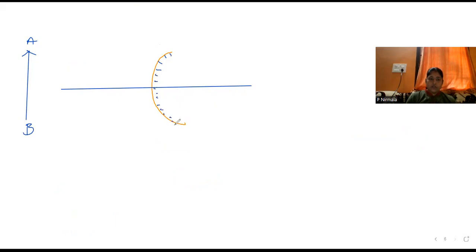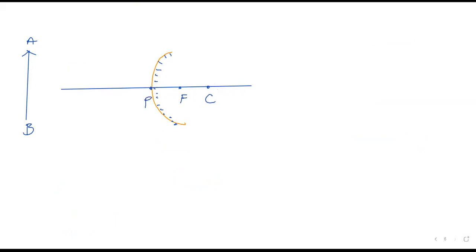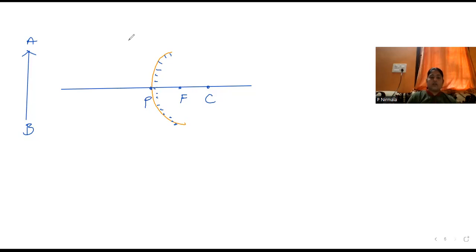So for the convex mirror, we have only two cases. One case is the object placed at infinity. Behind the mirror we have the center of curvature, focus, and pole.